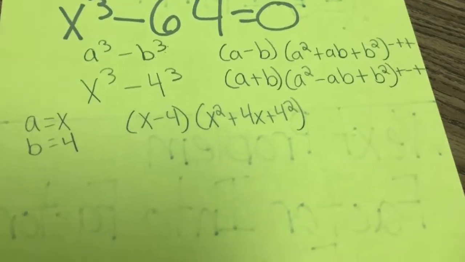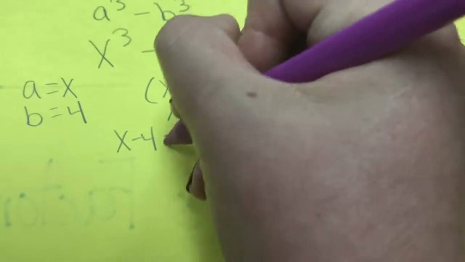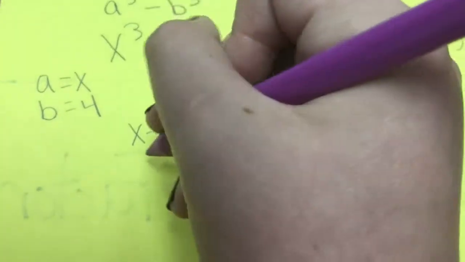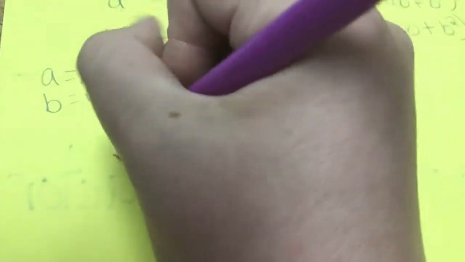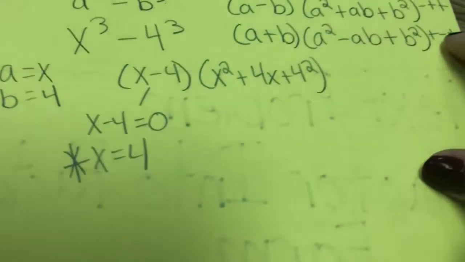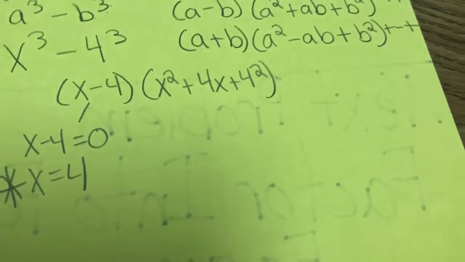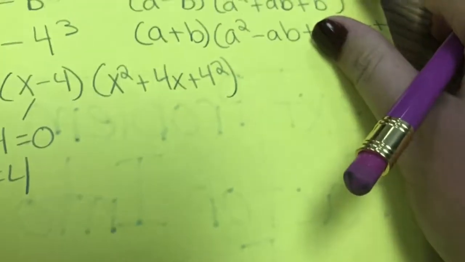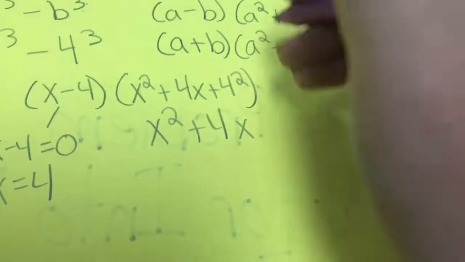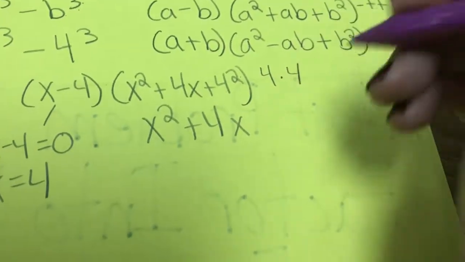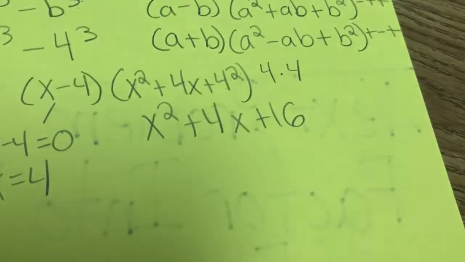so we've got to solve. So I want to take my x minus 4 and set it equal to 0, and I have x equals positive 4. That is one of my answers, but then I have to find my other answers. So I first want to simplify. x squared plus 4x plus 4 squared, which is the same thing as 4 times 4, hopefully you know, is 16.